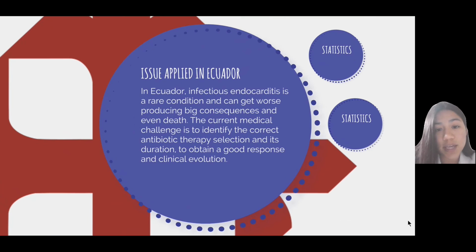Now the issue applied in Ecuador. In Ecuador, infective endocarditis is a rare condition and can get worse, producing big consequences and even death. The current medical challenge is to identify the correct antibiotic therapy selection and its duration, to obtain a good response and clinical evolution.